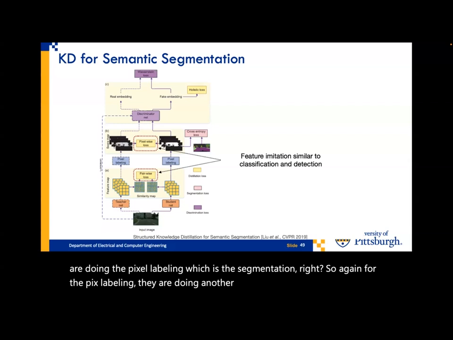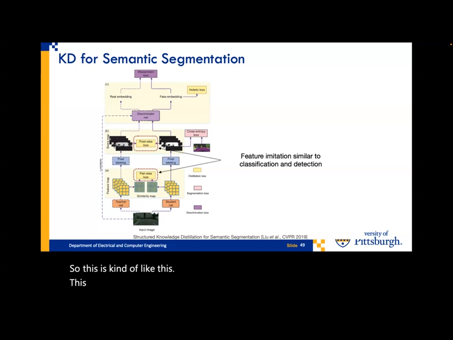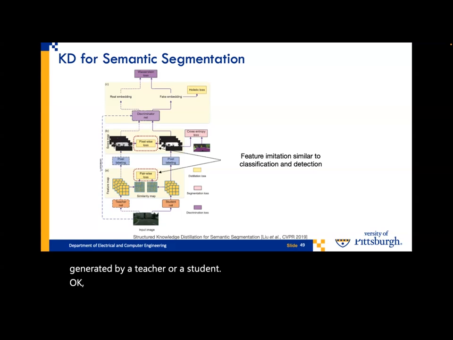Okay, so one additional thing they added to this network is this discrimination network. So this is kind of like this GAN architecture. Not totally, but what they added is a discriminator. The discriminator was trained to tell if an image is generated by a teacher or a student. If the student is very different from the teacher, then the discriminator can immediately tell the difference.